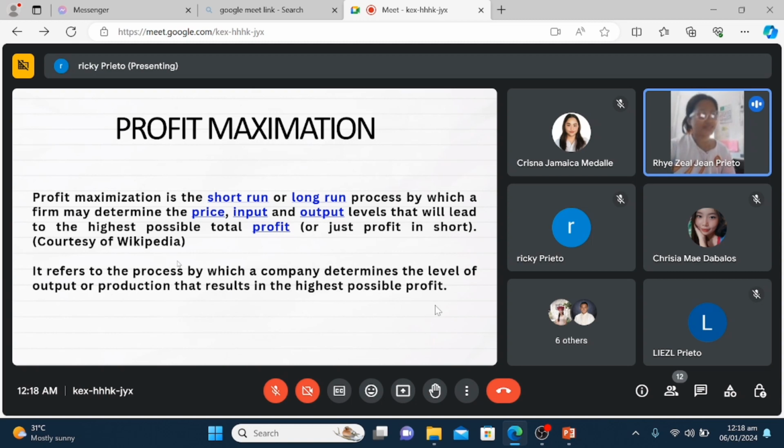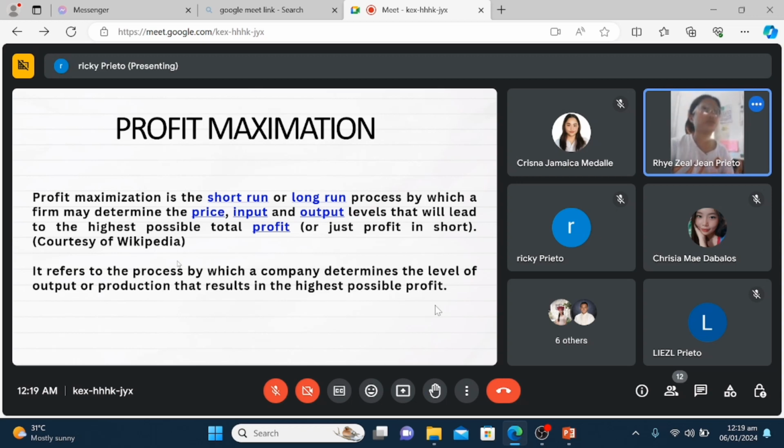The second is that the total revenue is less than the total cost, so probably the firm will stop its production kay na-bankrupt na, wala na bawi ang imong total cost of production. And the last is that the total cost is equivalent to total revenue, so possibly ma-maintain ang production.